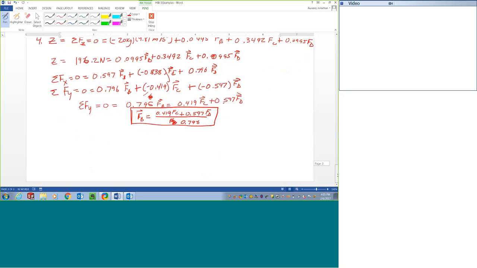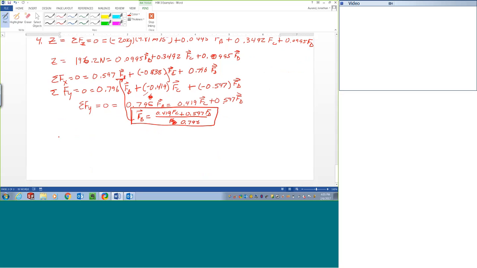I'm running out of space here. So if I take that, I fill that in with the x direction. I'm going to take this part here and put it in here and rearrange that.